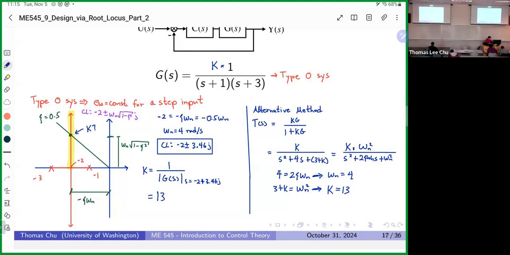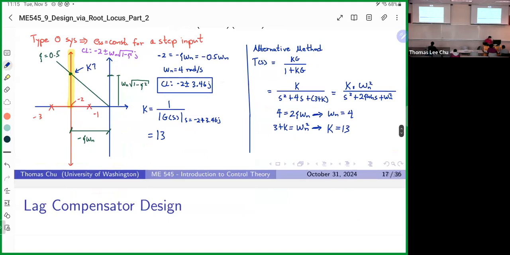I'm going to skip the work for finding K is equal to 13. Any questions? So anyway, now what we want to do is we want to do our pole zero placement to reduce our steady state error by 10 times.